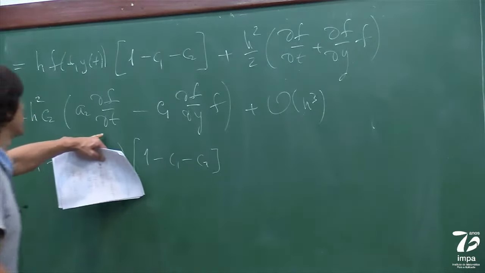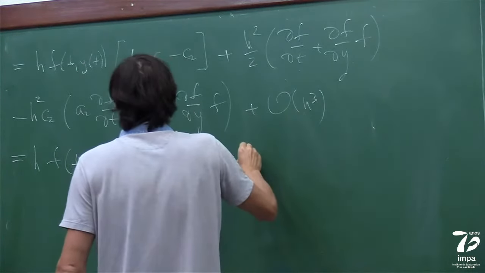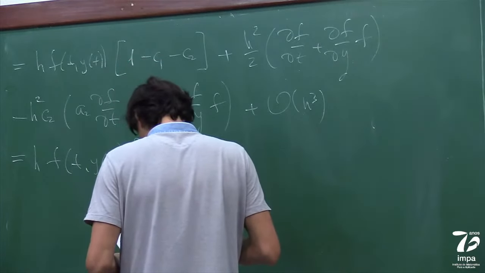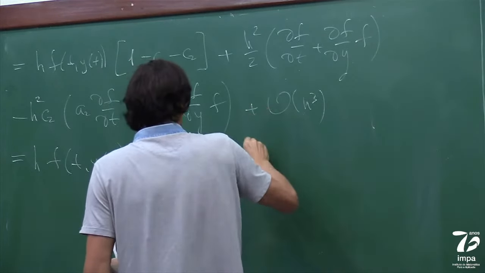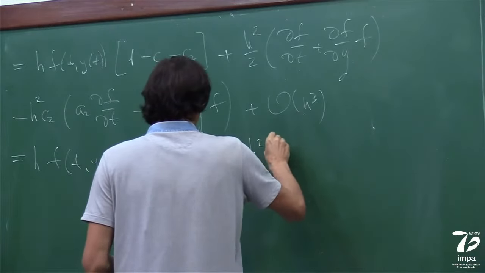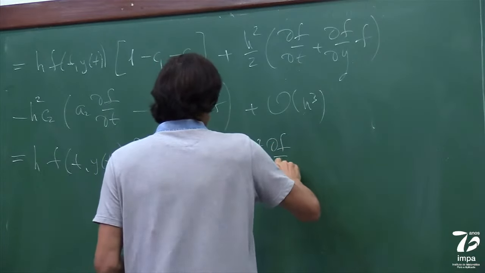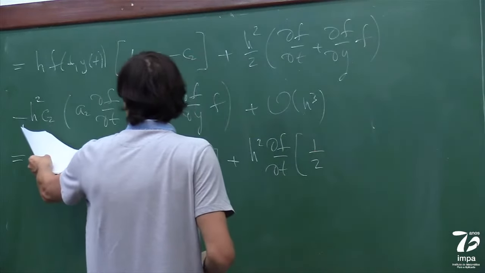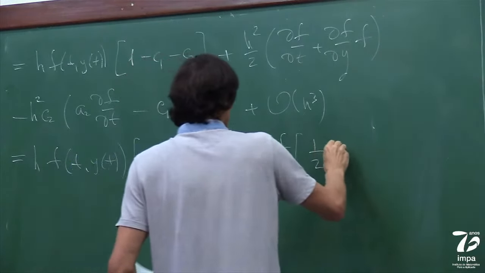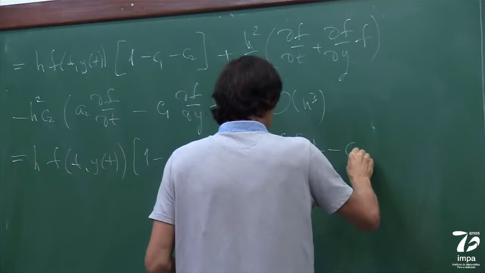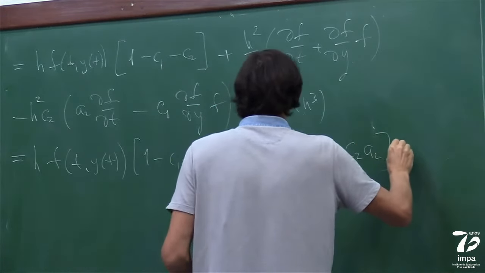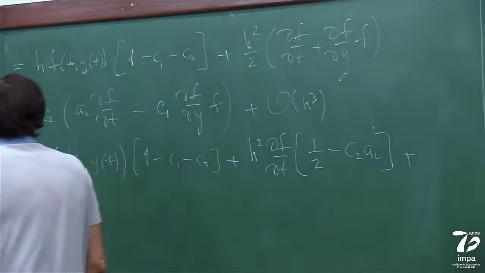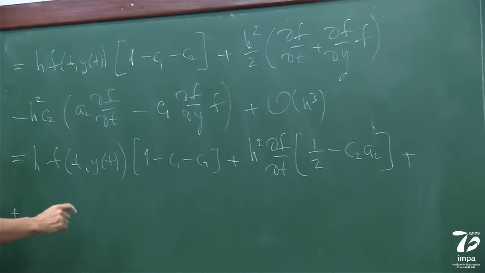Then we collect df/dt, so it will be h squared df/dt: 1/2 comes from here, and from here comes minus C2 A2. And then we take h squared by the other term.